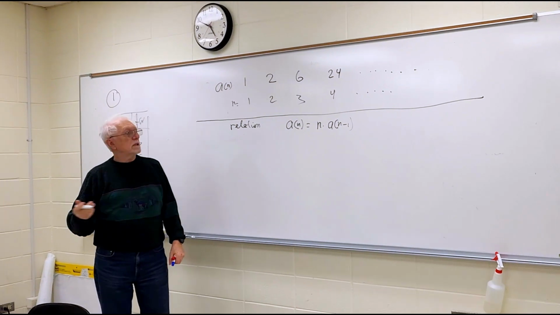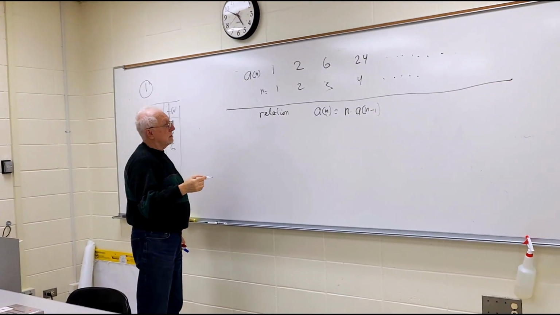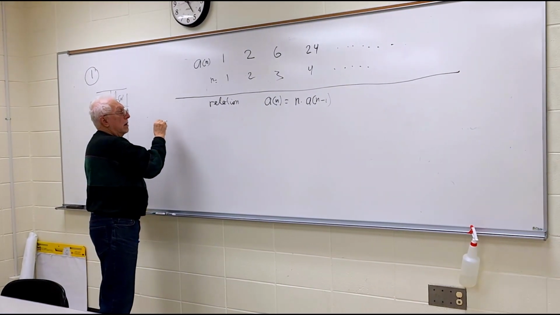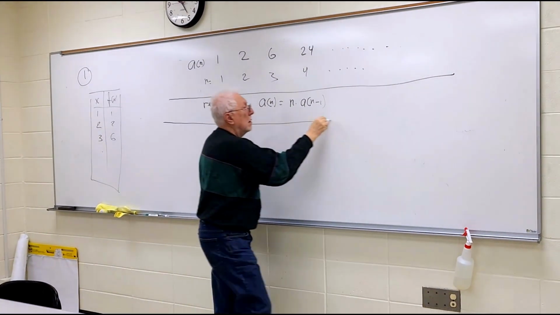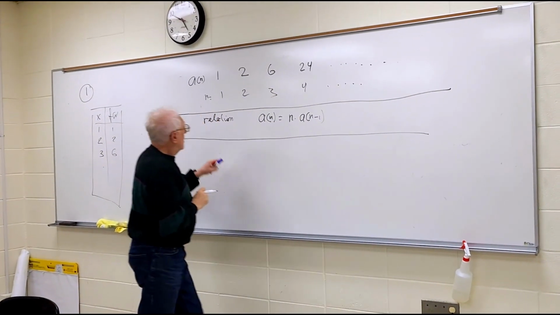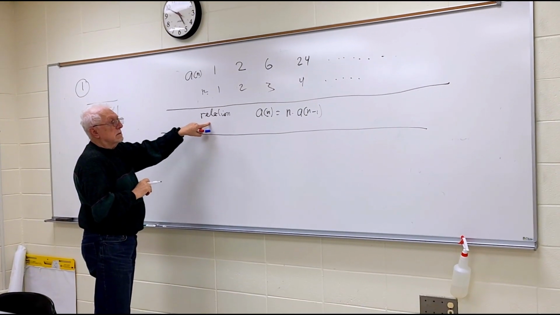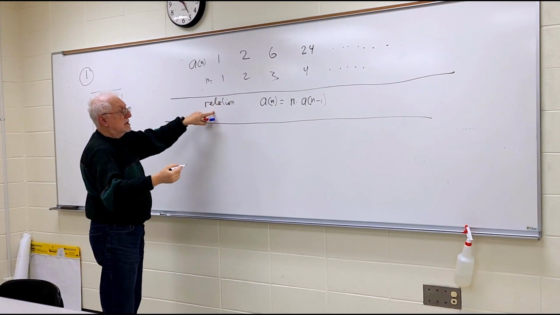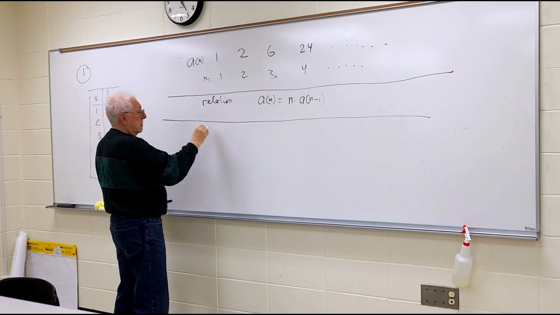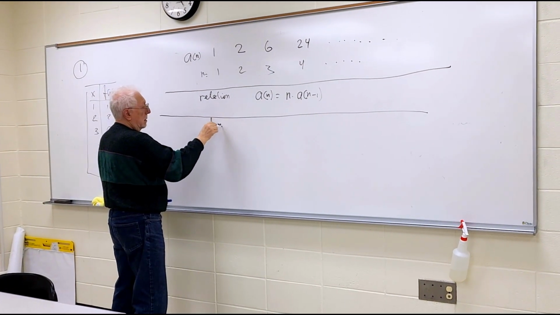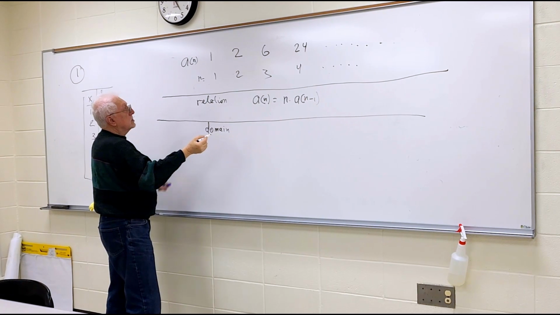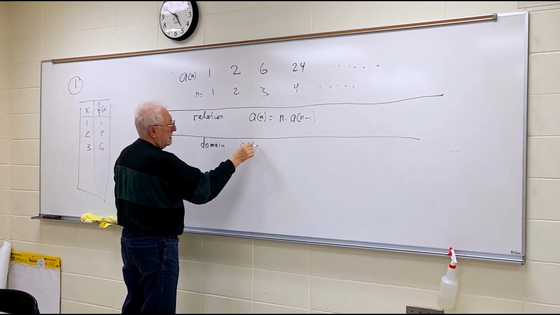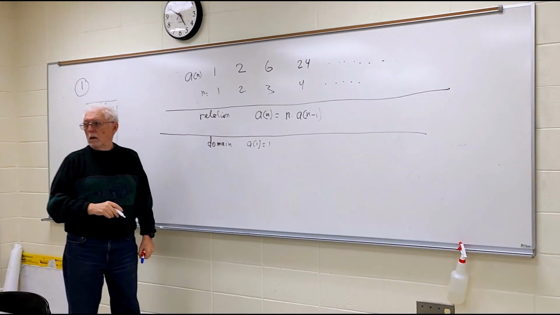Now, what to do with that recurrence relation? Let's say we have specifics. First of all, we know what that n is. We have domain. So it started with the 1, then we say that A of 1 equal 1, okay?